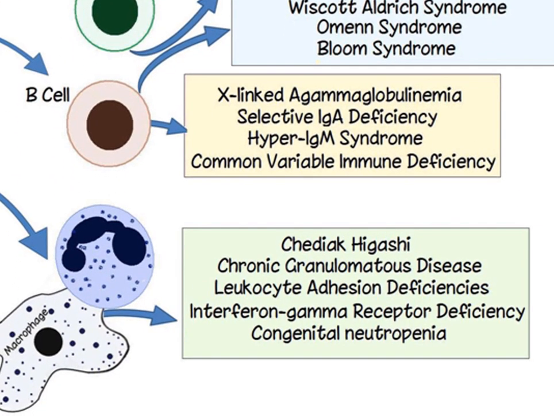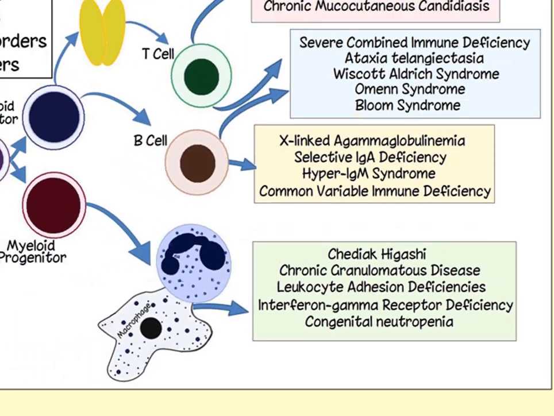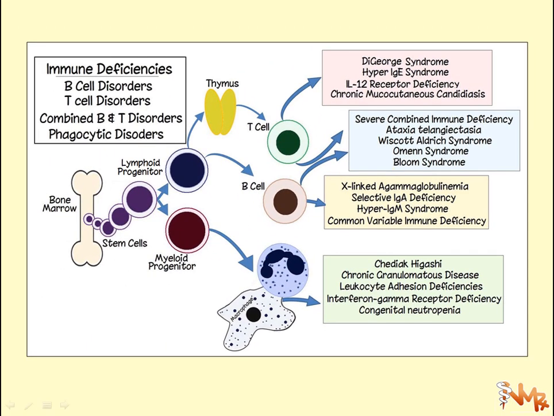Finally, from a standpoint of phagocytic disorders, we're going to be interested in Chediak-Higashi, chronic granulomatous disease, leukocyte adhesion deficiencies, interferon gamma receptor deficiency, and congenital neutropenia. The list that I have provided to you here is a very high yield list, and we're going to be covering all of these conditions in what follows hereafter.